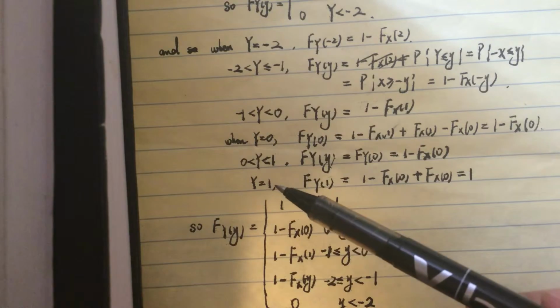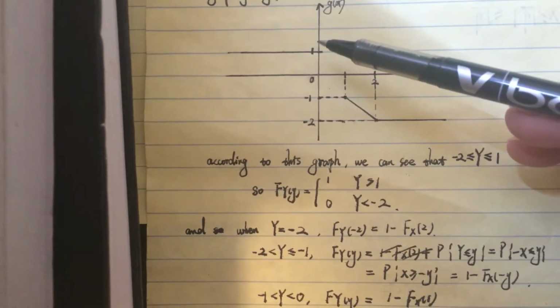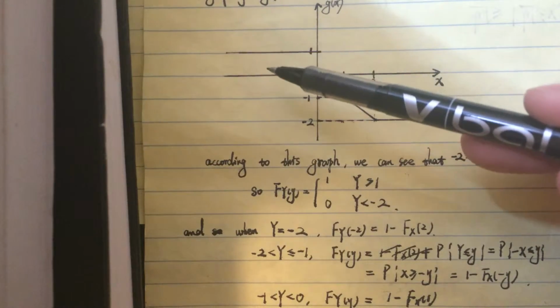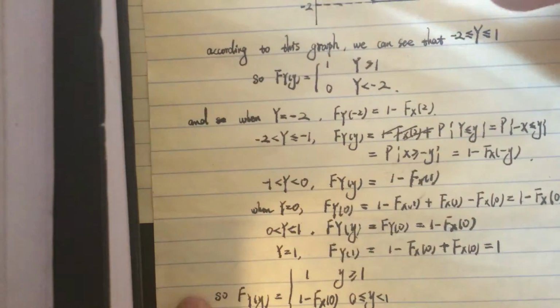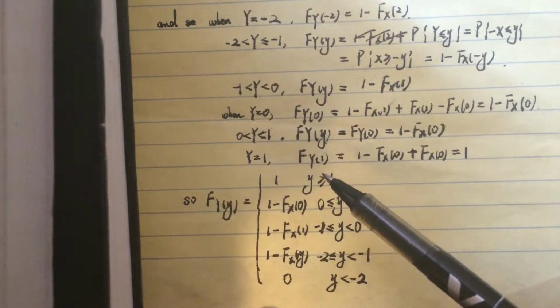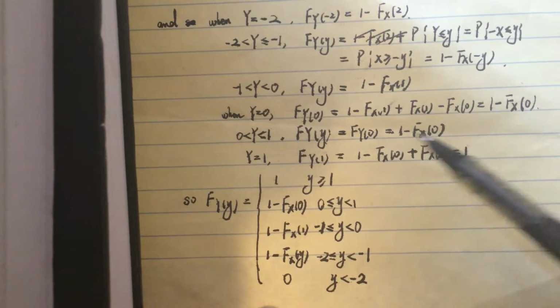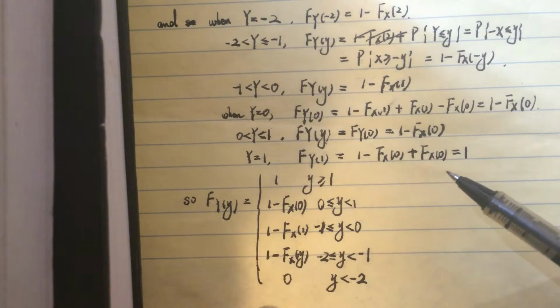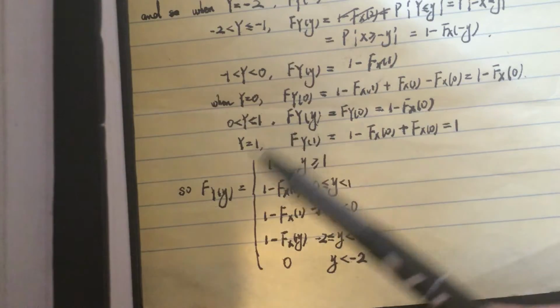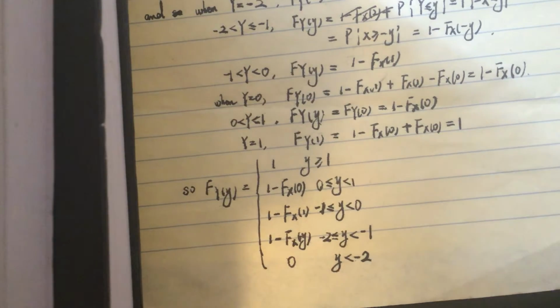And finally, when y equals 1, the value of x that corresponds to it is x smaller than 0. So f_Y(1) will equal this one plus f_X(0), which equals 1. And this is f_Y.